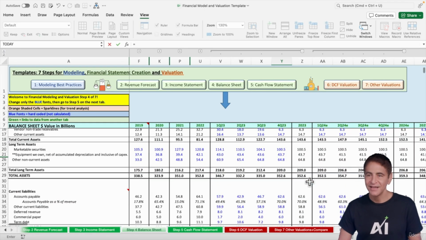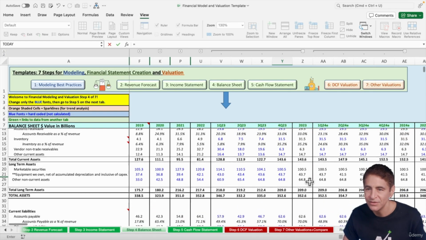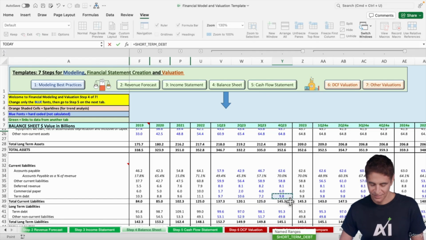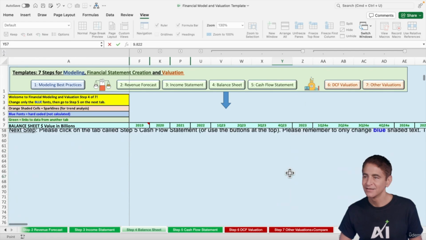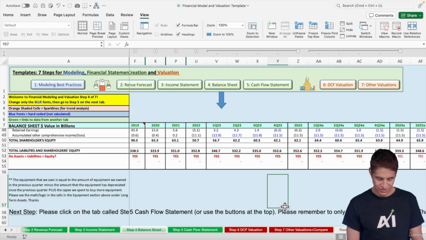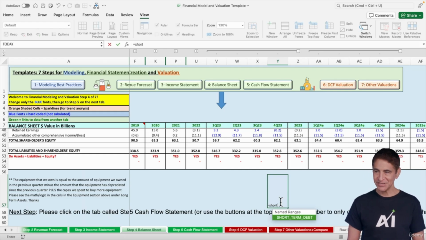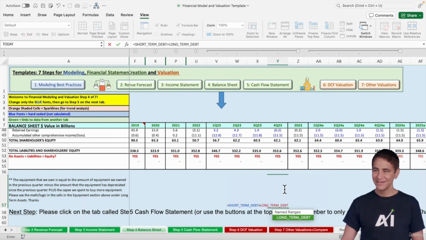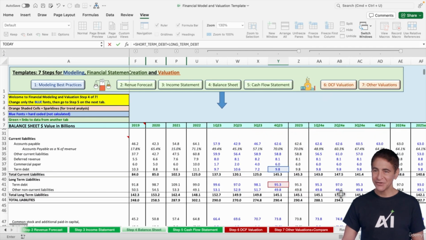Equals, and let's go here to liabilities, short-term debt. See, I labeled it as short-term debt for you. So equals short-term debt plus long-term debt. I love the color coding.